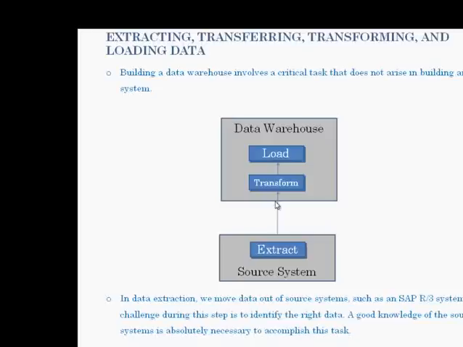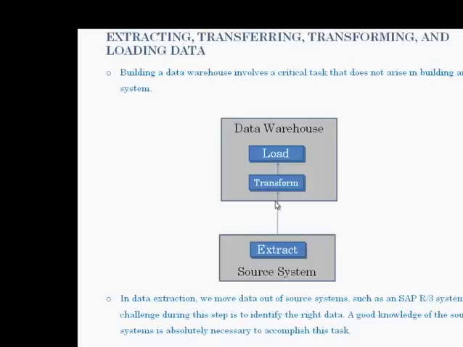Identifying the right data means, as we have gone through the different phases of the project, like the business blueprint, we do all the analysis of which data to load and which data sources to be installed from the source system. All these decisions we take in the business blueprint.